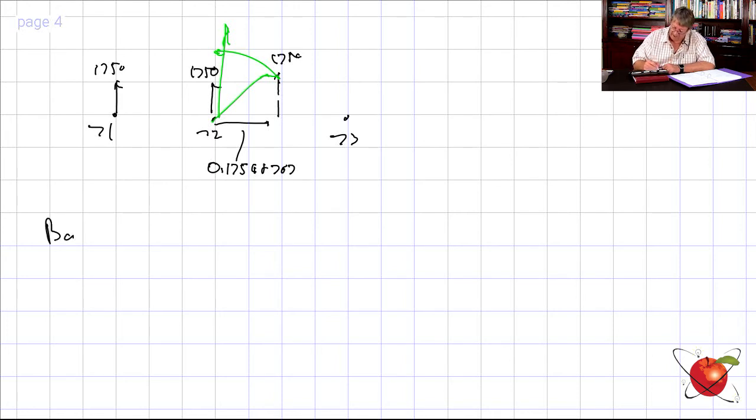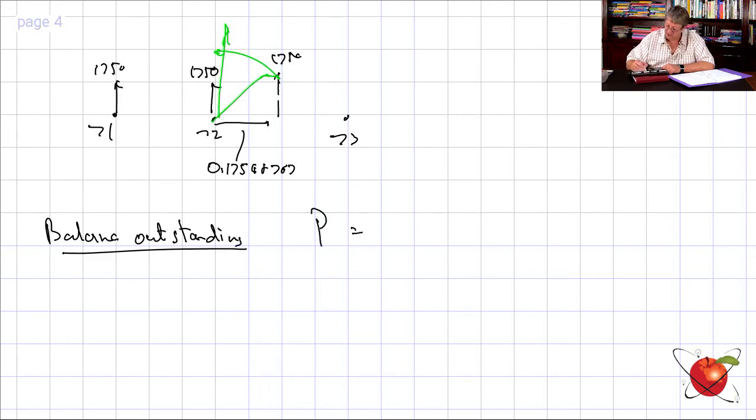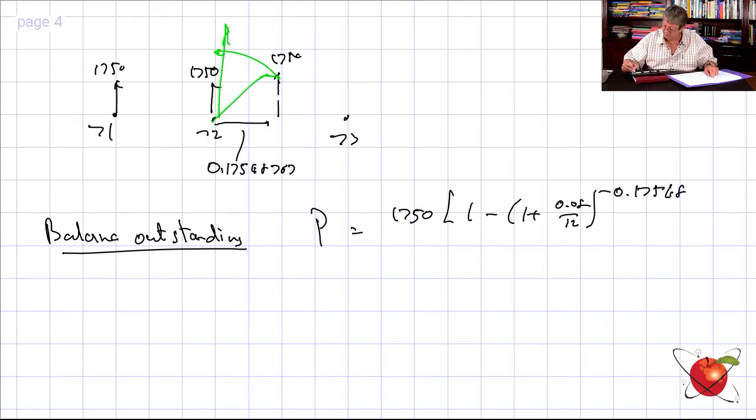So therefore, the balance, because we work to the month, the balance outstanding is P equal to X, 1750, times 1 minus (1 plus i, which is 0.08 over 12) all to the minus 0.17548767. Do not round these off. It makes errors in a few of the little numbers right at the very end.